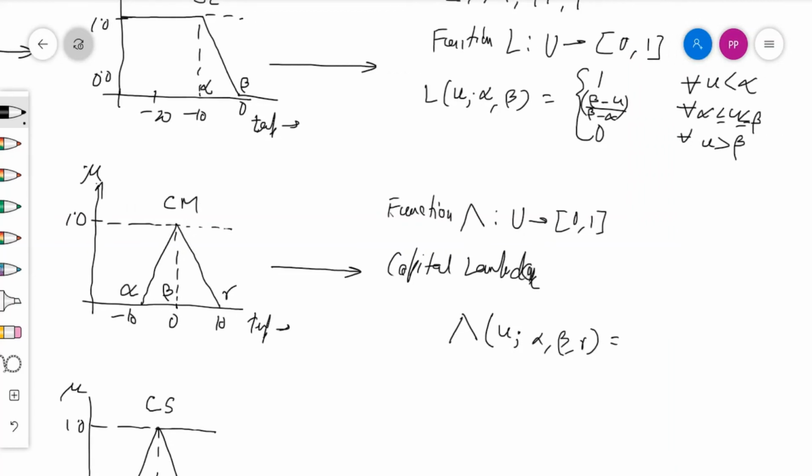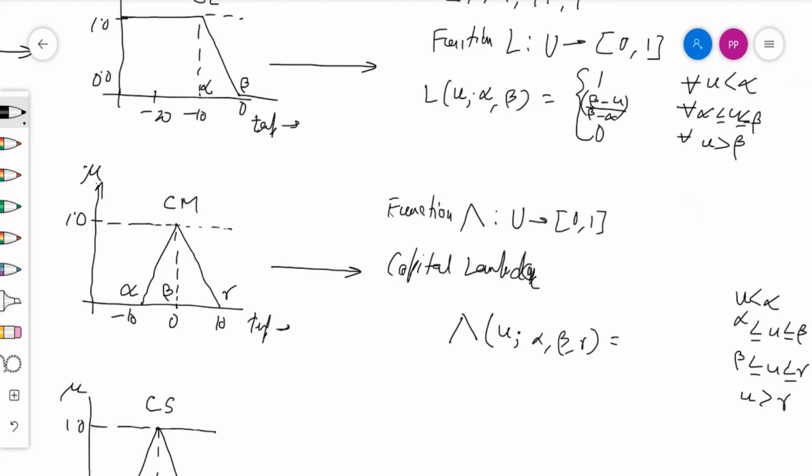Naturally you have the 4 different ranges: when u is less than alpha, when alpha is less than or equal to u is less than or equal to beta, when beta is less than or equal to u is less than or equal to gamma, and when u is greater than gamma. These 4 ranges should be satisfied.